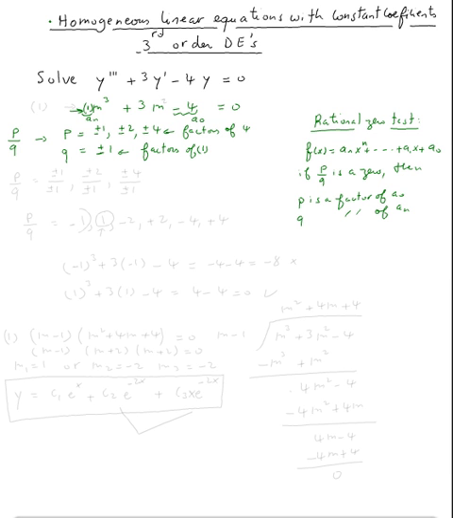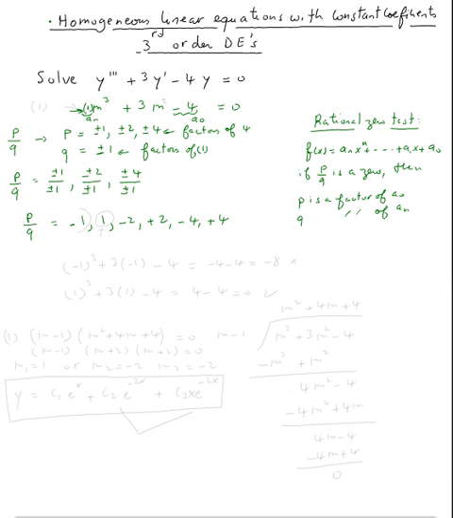So p over q will be plus or minus 1 over plus or minus 1, plus or minus 2 over plus or minus 1, plus or minus 4 over plus or minus 1. In other words, if there are any rational zeros, they will be either minus 1, plus 1, minus 2, plus 2, minus 4, plus 4. It has to be one of these. So all we need to do is test these numbers. So let's plug them in and see which one is going to give us 0.